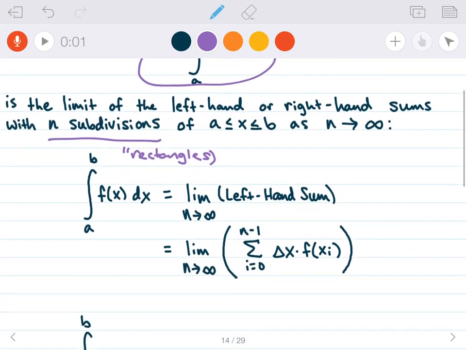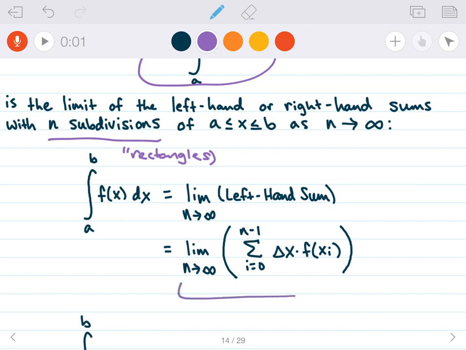So, the left-hand sum. We're not going to actually compute these integrals by hand using this limit definition, because there are a lot of rules for infinite sums that we just haven't learned yet that are going to be talked about in Calc 2. But this is the definition, right?